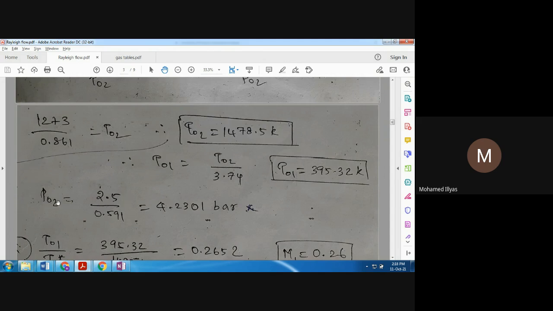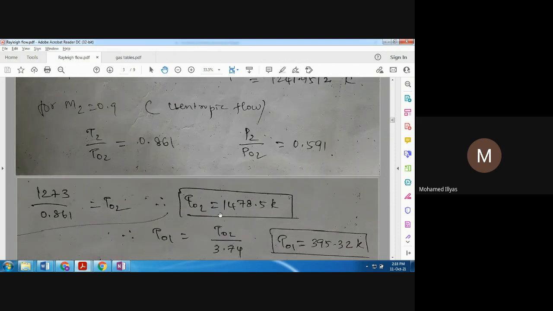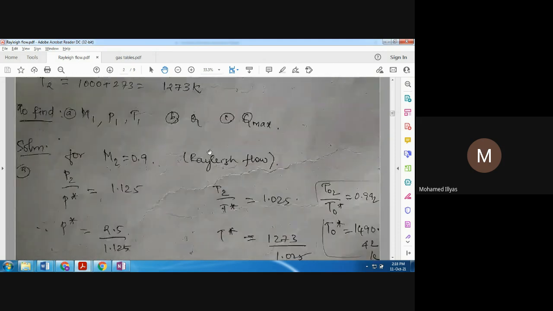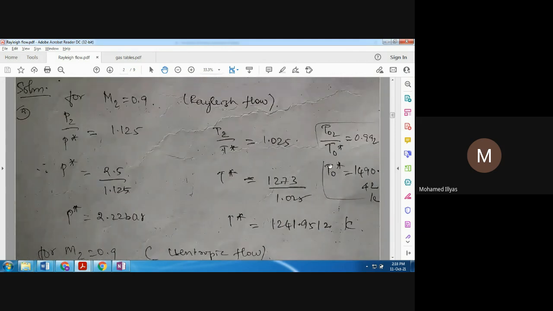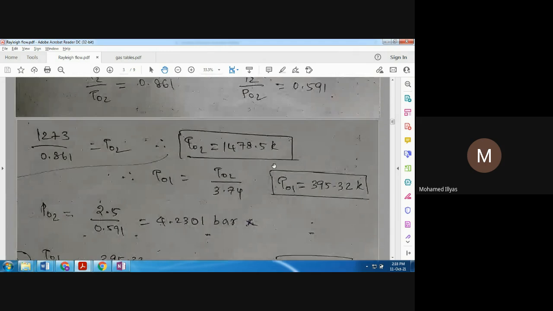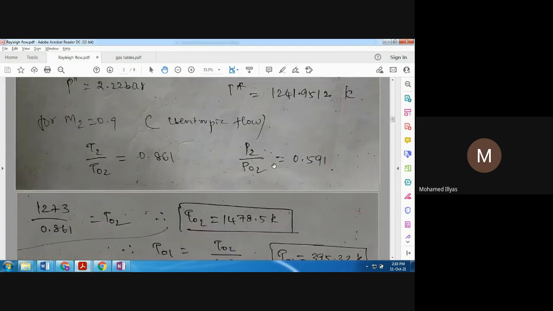P2 is 2.5, so we'll get our P02 as 4.231. Now we can also use the ratio T02 by T01.